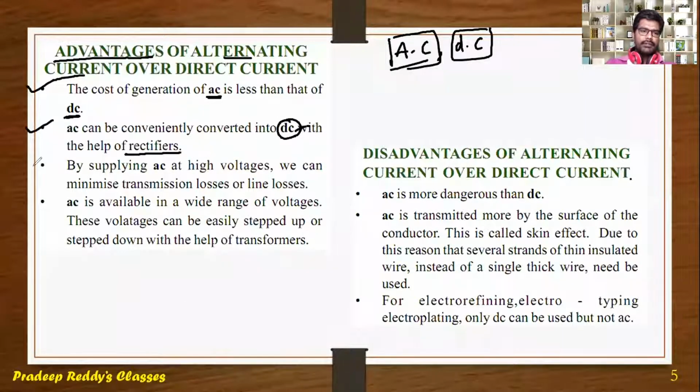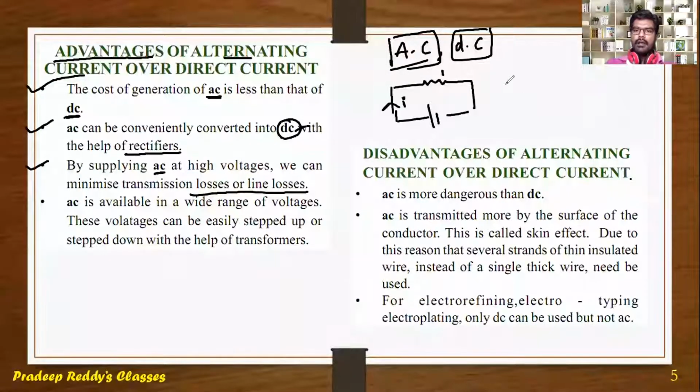Coming to the next advantage, by supplying AC at high voltages, we can minimize transmission losses or line losses. Whenever you consider an electrical circuit where some current passes through a resistor, obviously some heat is developed in the circuit. It is I square R into T. This is the heat developed, measured in joules.